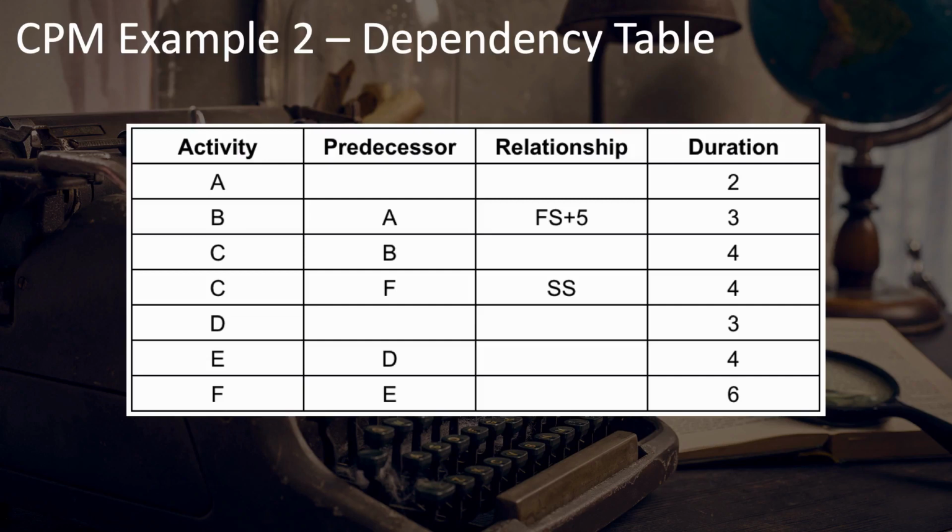You'll notice in this case that the relationship between A and B is a finish to start, which is your typical sort of relationship, but it's a +5 this time. And there's a relationship between C and F now that is a start to start relationship. Let's see how this fills in on the network diagram.